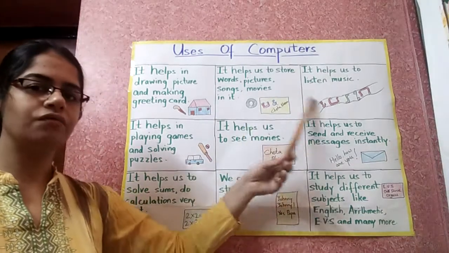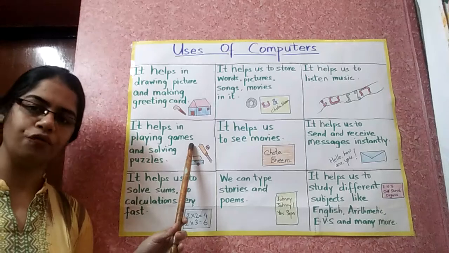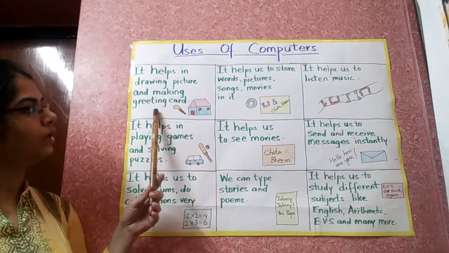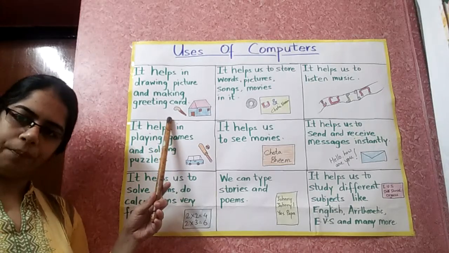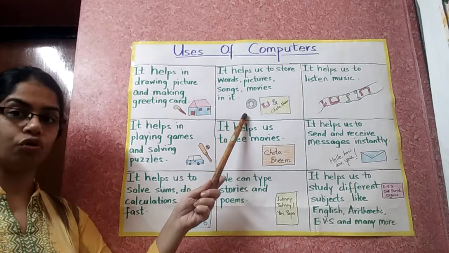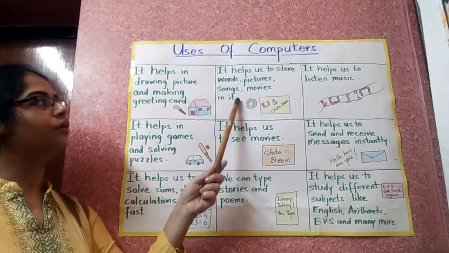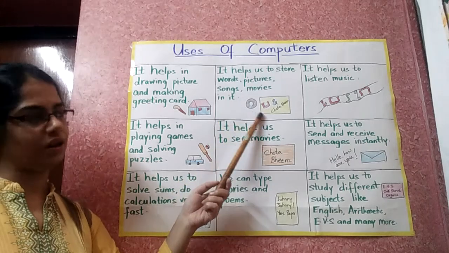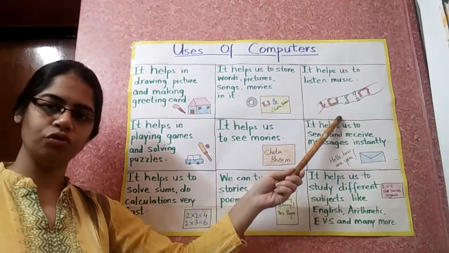So see children, we have got 9 different uses of computer. So let's do a quick recap of what we have done today. It helps us to draw pictures and make greeting cards. It helps us to store. That means we can save words, pictures, songs, movies, etc. in it. We can also listen to music.